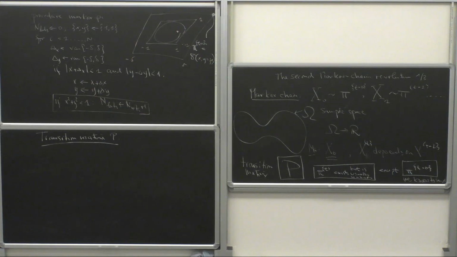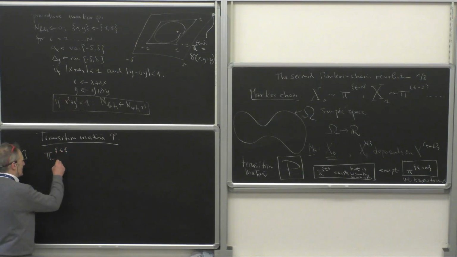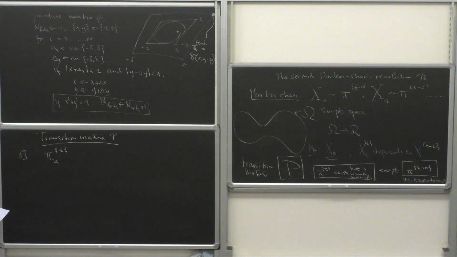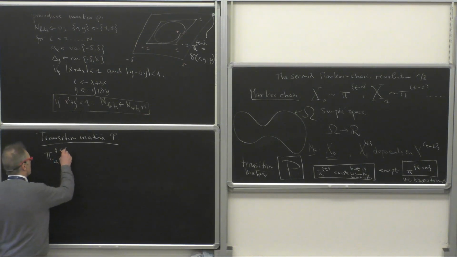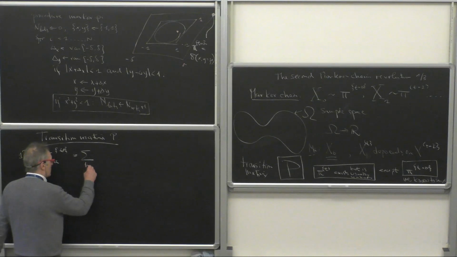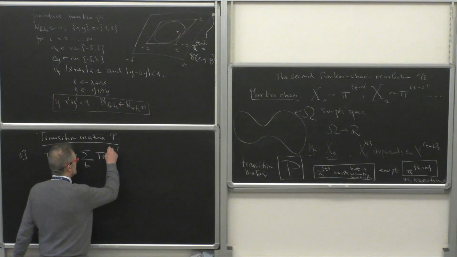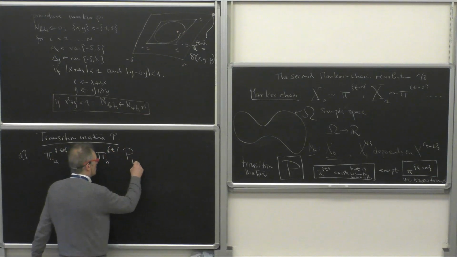The first job is the following: the transition matrix is the object that connects the distribution at t plus 1, which is given by the sum over b, pi of b at time t times P from b to a.